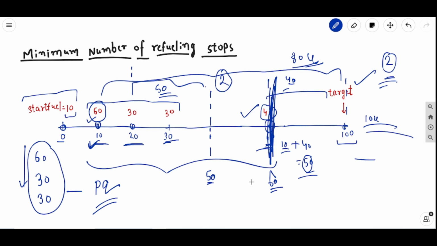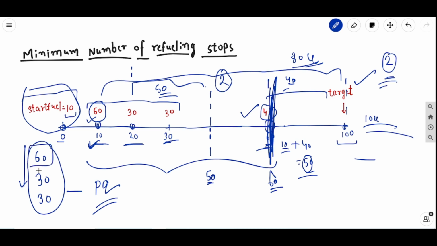Now if the fuel that has to be utilized to reach there is greater than the fuel that we had when we started, then that means I had to stop at one of the intermediate gas stations, and the station where I will stop will be the one which offers the greatest amount of fuel.